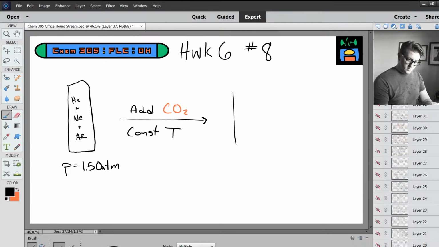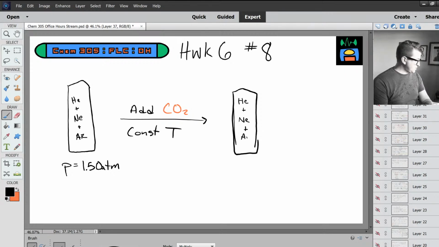So our temperature has not increased. So now we have helium plus neon plus argon.